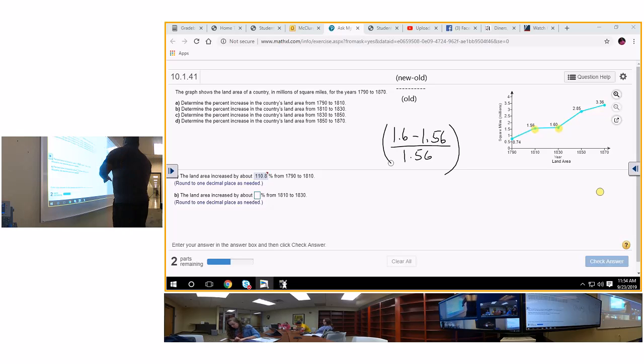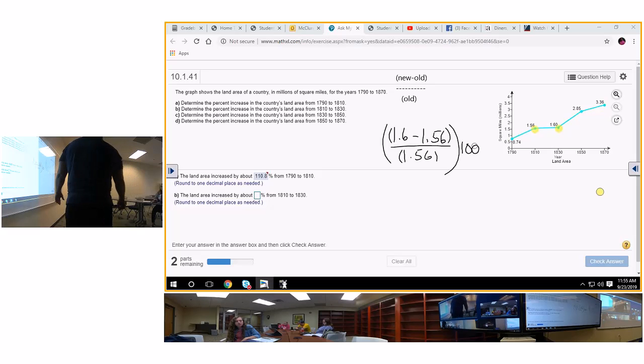Or you're going to have to put double parentheses: open two parentheses, 1.6 minus 1.56, close parentheses, divided by parentheses, 1.56, close parentheses, close parentheses. However you want to do it, then multiply that by 100. If you try to do it all at one time, your calculator's going to blow a gasket, because no matter what y'all think, it doesn't have a brain.